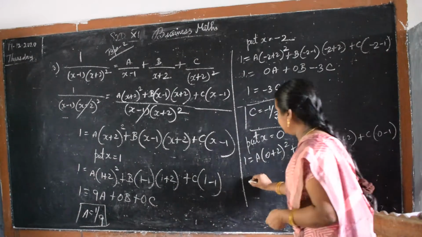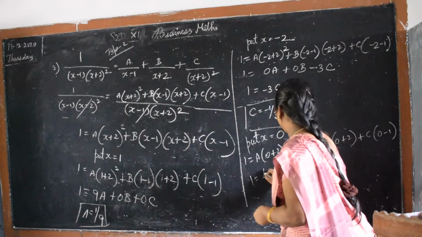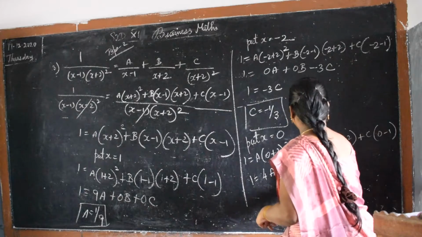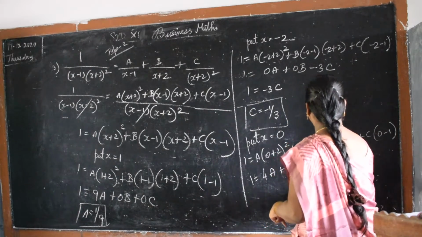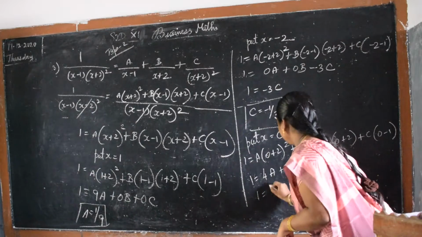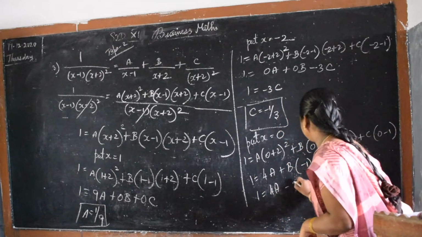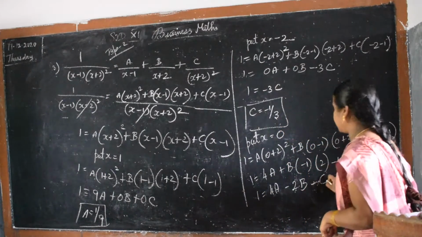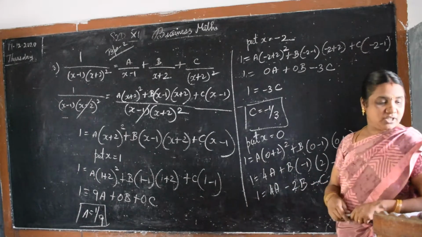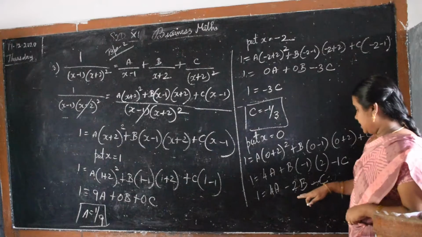So what is the answer? 2 square is 4, 4a, minus 1 into 2, minus 1 c. 4a multiplied with this, minus 2b minus c. Now substitute the values of a and c here. A and c substitute பண்ணுங்க. What answer you will get?